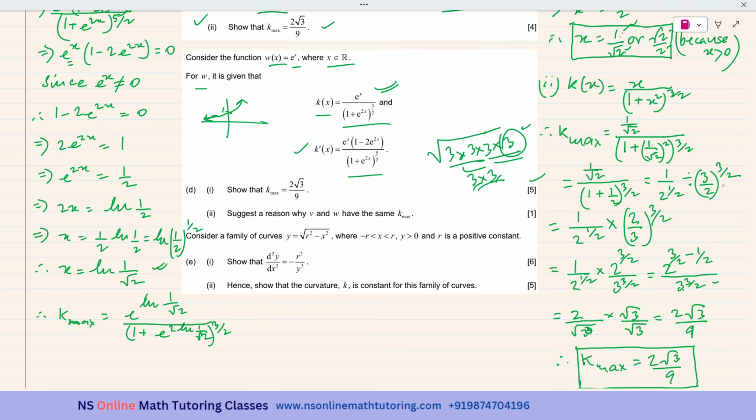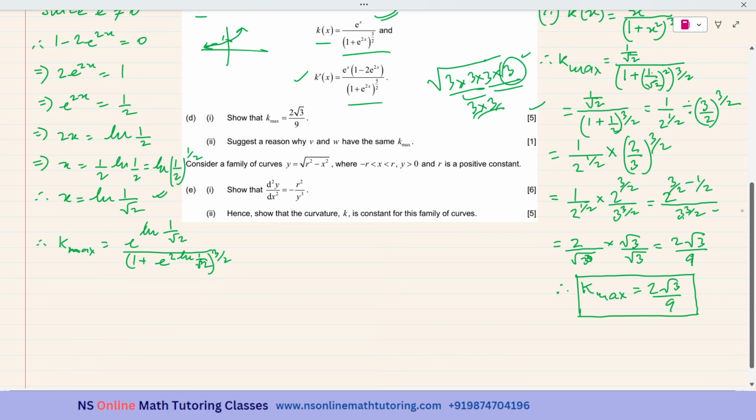Okay. So this is equal to e to the power of ln of 1 over root 2, which is 1 over root 2. And the denominator is 1 plus e to the power of 2 times ln of 1 over root 2, which can be written as ln of 1 over root 2 whole square.